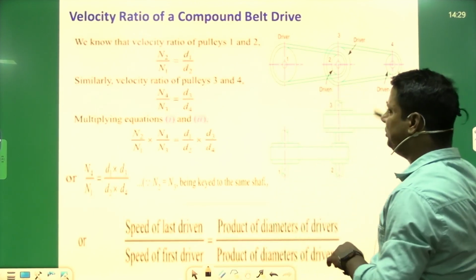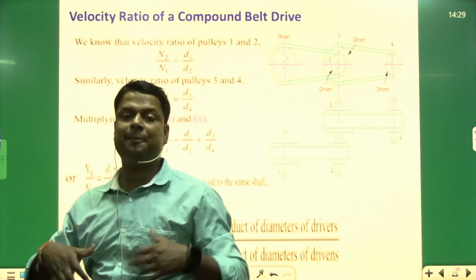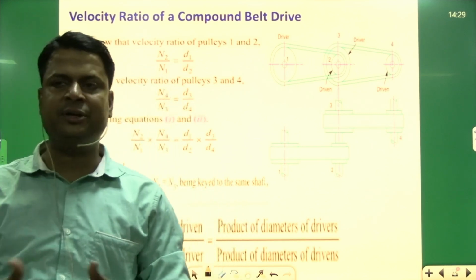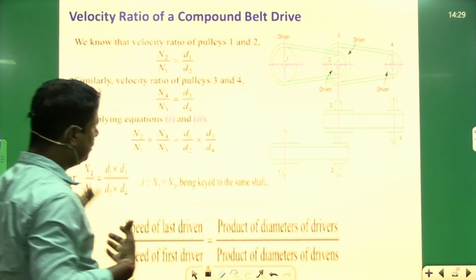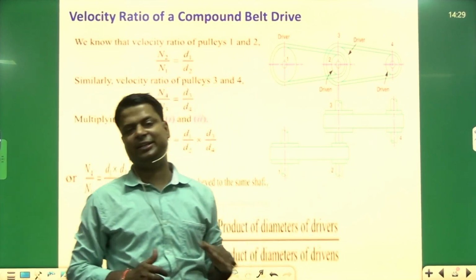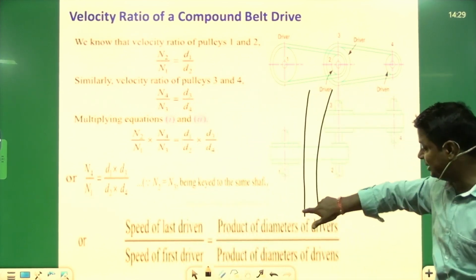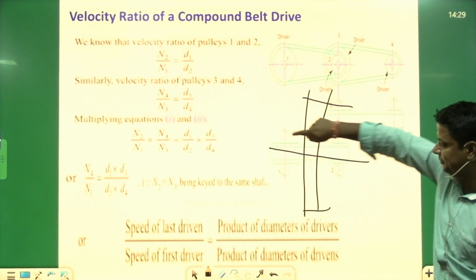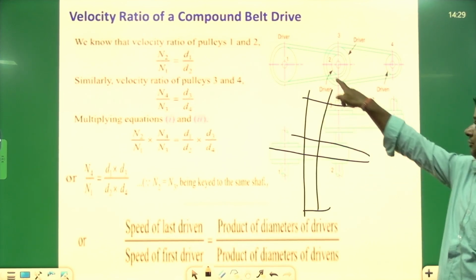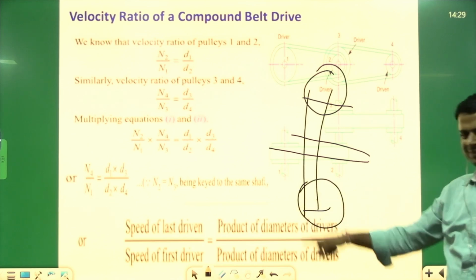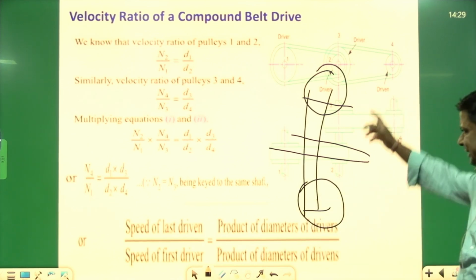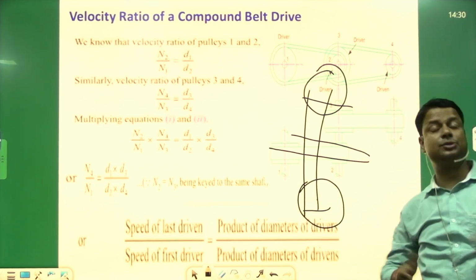There is another calculation of that. Suppose in case of compound arrangement, more than one wheel is attached. So now you think, if we attach a single shaft on a driver and we add two pulleys on it, is it possible to rotate them at different speeds? No, it's not possible.